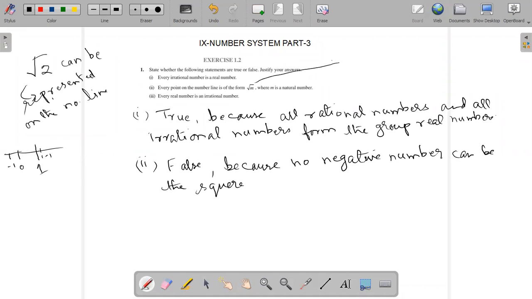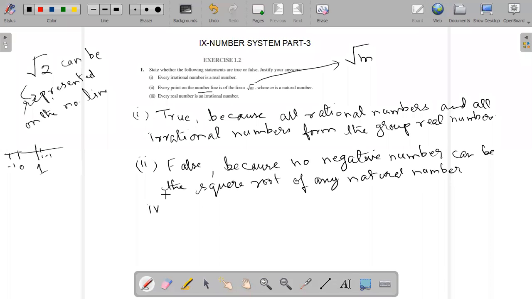The question is about square roots: every point is represented by the square root of some number on the number line. So we are taking the square root of any natural number. A negative number cannot be the square root of any natural number. The square root cannot be negative. Got it?